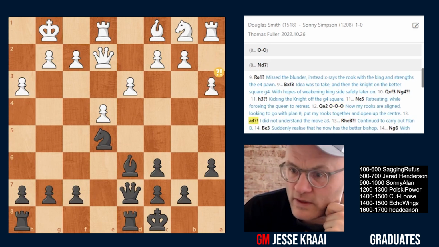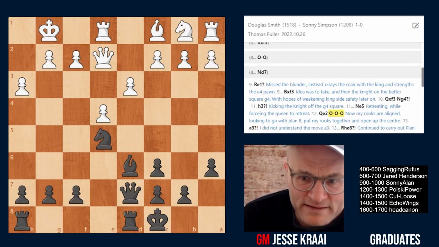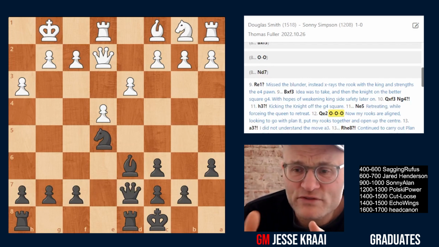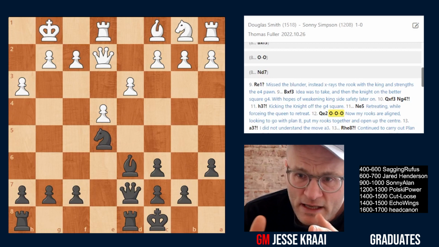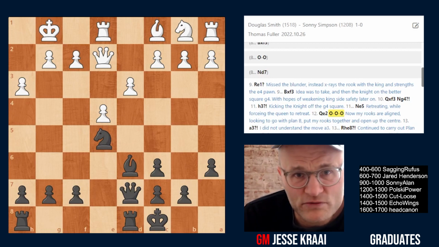Weird. Okay. Now, let me just stress something that I see all the way up to the level of 2,200 FIDE. Players don't understand the value of time. And so in this position, he could play d4, e5, and I want to stress that is not a loss of time because those are tempo moves.